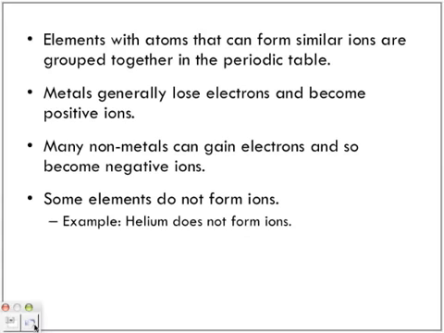Some elements do not form ions. An example, helium does not form ions. If you look at group 18, it is the column at the very, very right of the periodic table. It starts off with helium, neon, argon, krypton, xenon, radon. All of these do not form ions, right? Because these are what we call noble gases.